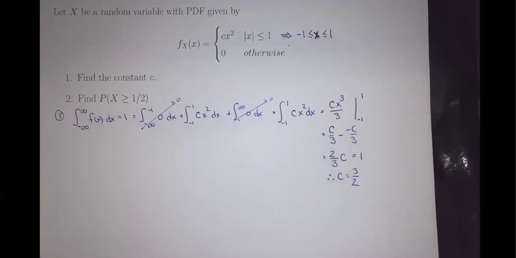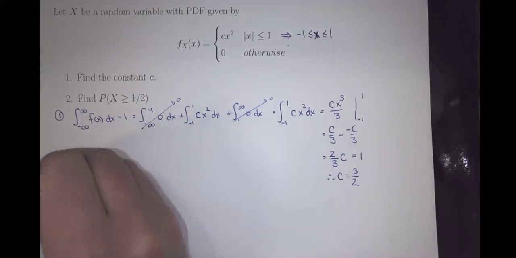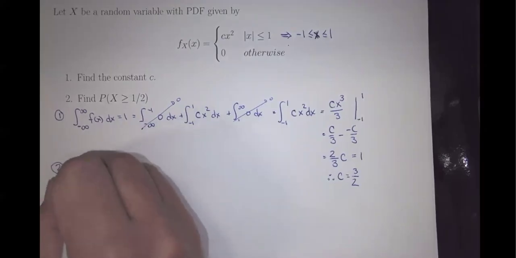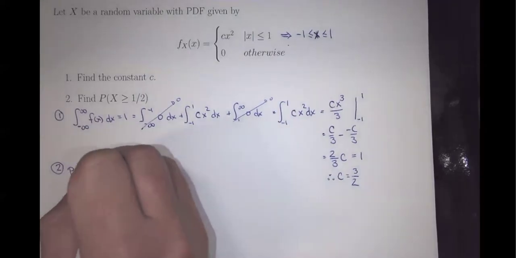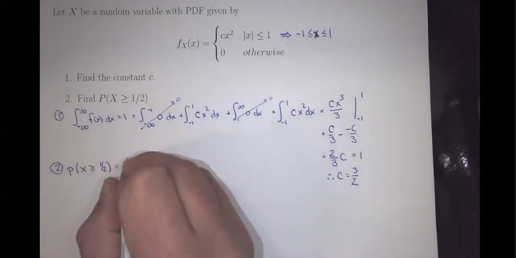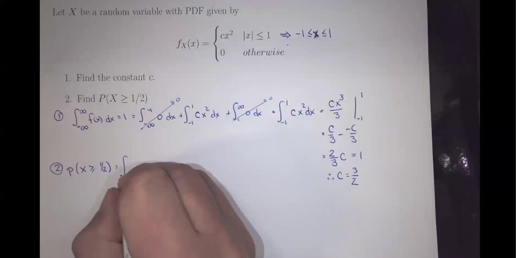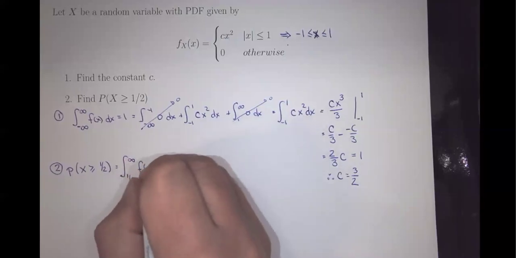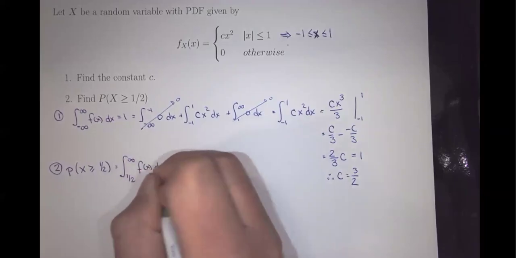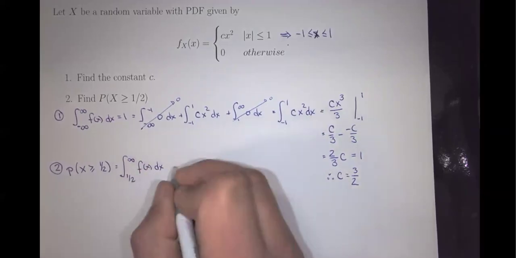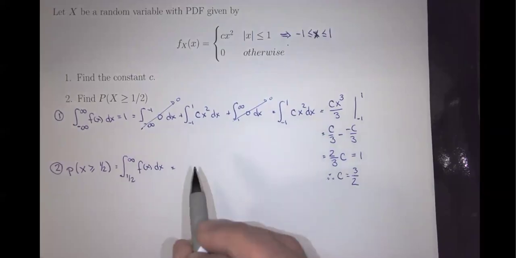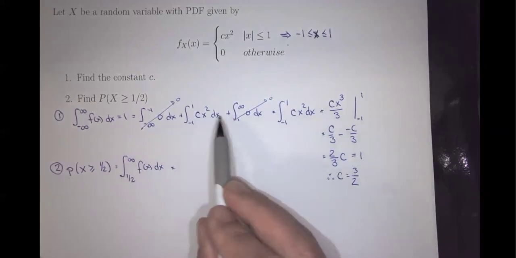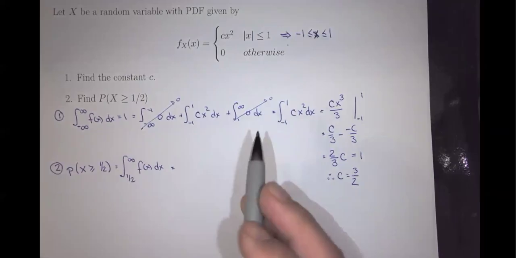Okay, so given that c is equal to 3/2, we can now find part 2, the probability that a random variable x is greater or equal to 1/2. So this is the integral from 1/2 to infinity of f of x dx. And of course, we saw before that when x is greater than 1, that integral is 0.